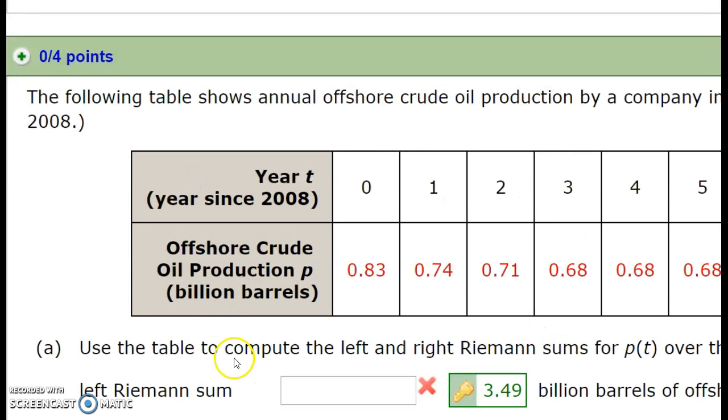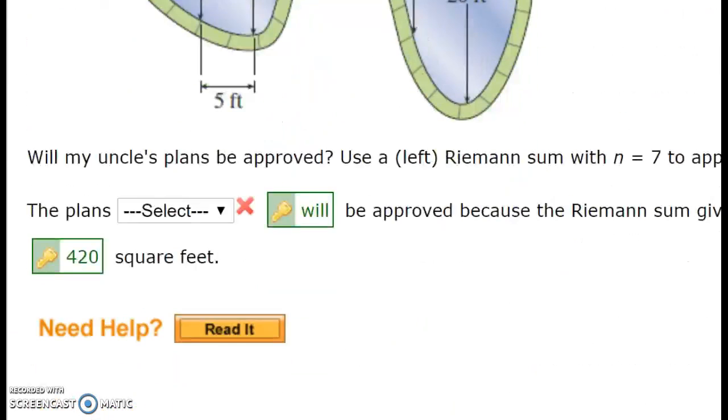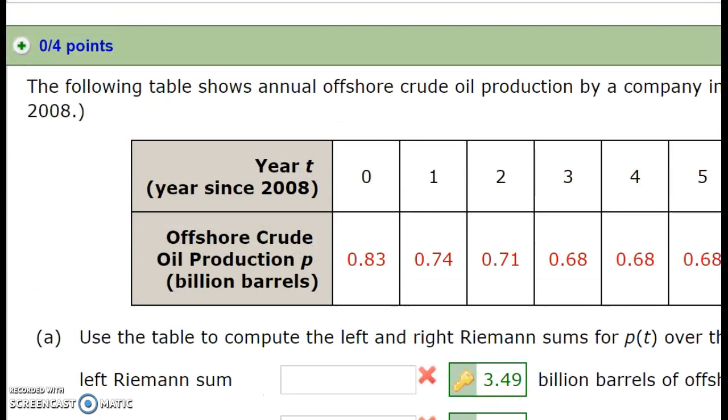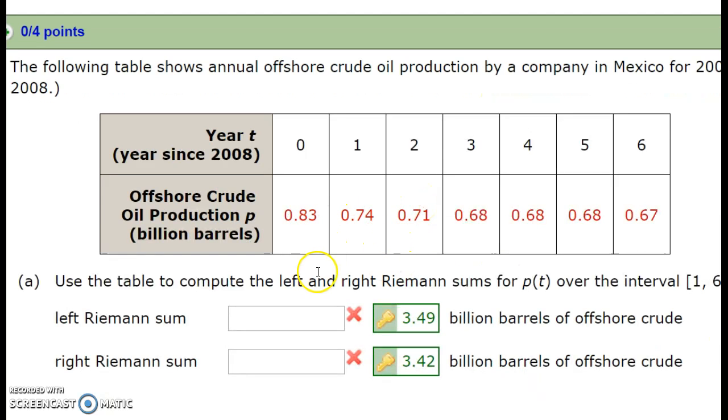You want to go from the left. Let's see if I can move this over. I think I'll have to make it a little smaller. There you go. If you're coming from the left, I go left side, left side, left side, left side, left side, left side.